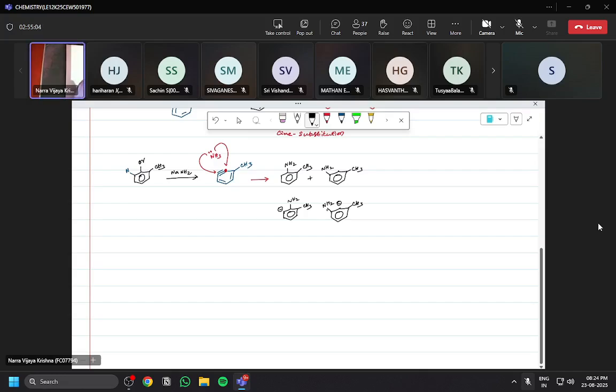Donating groups. Correct? A donating group will increase charge at ortho and para positions. Already a negative charge is there. If they increase the negative charge further, stability decreases. Correct or not? So, which should be major? The ortho product must be major. This should not form. Means the ortho product should be major. Accepted or not?